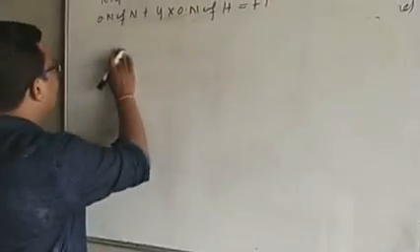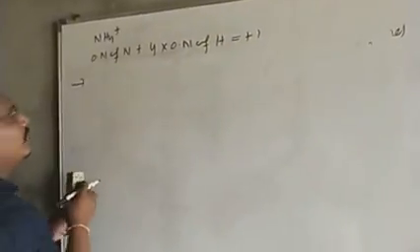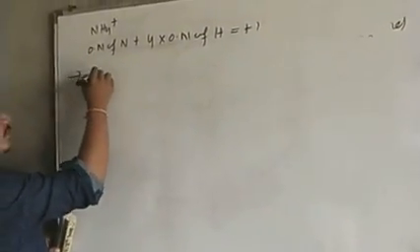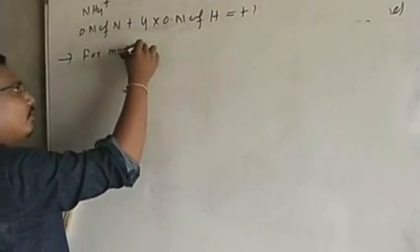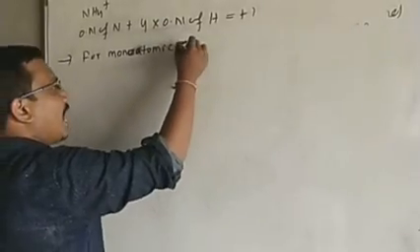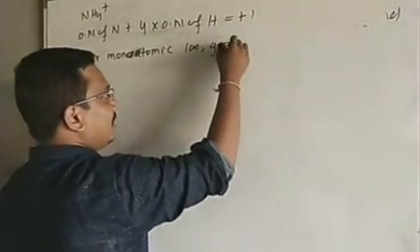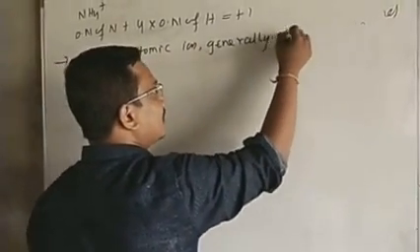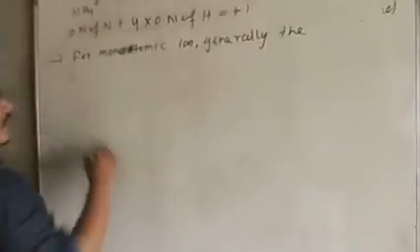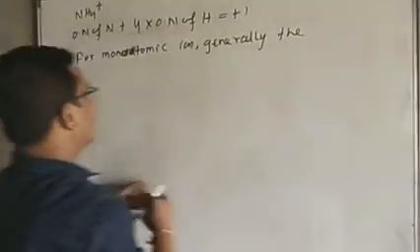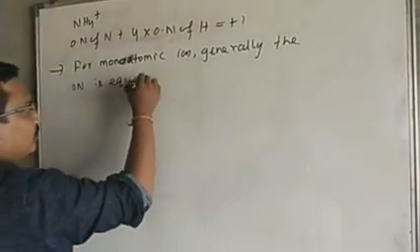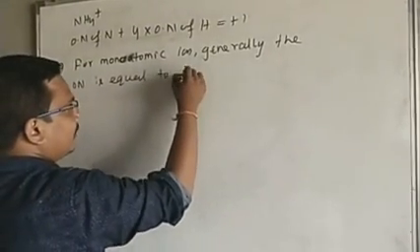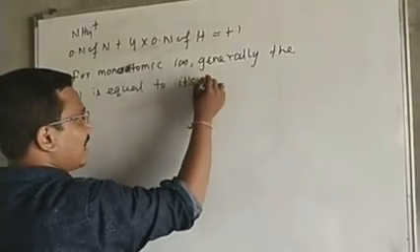Next, what will be the third rule? For a monoatomic ion, generally the oxidation number is equal to its charge.